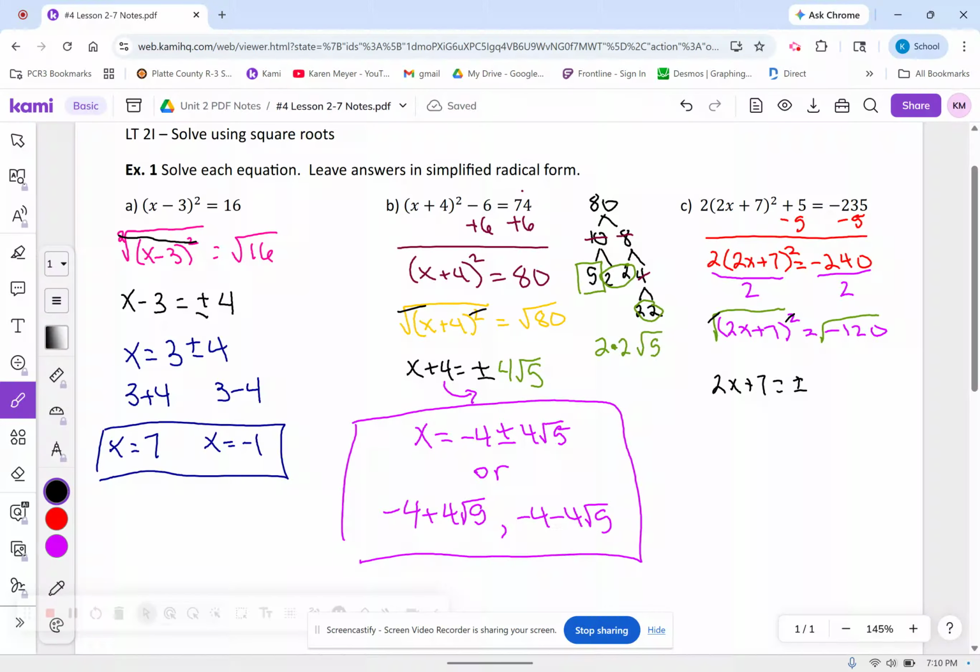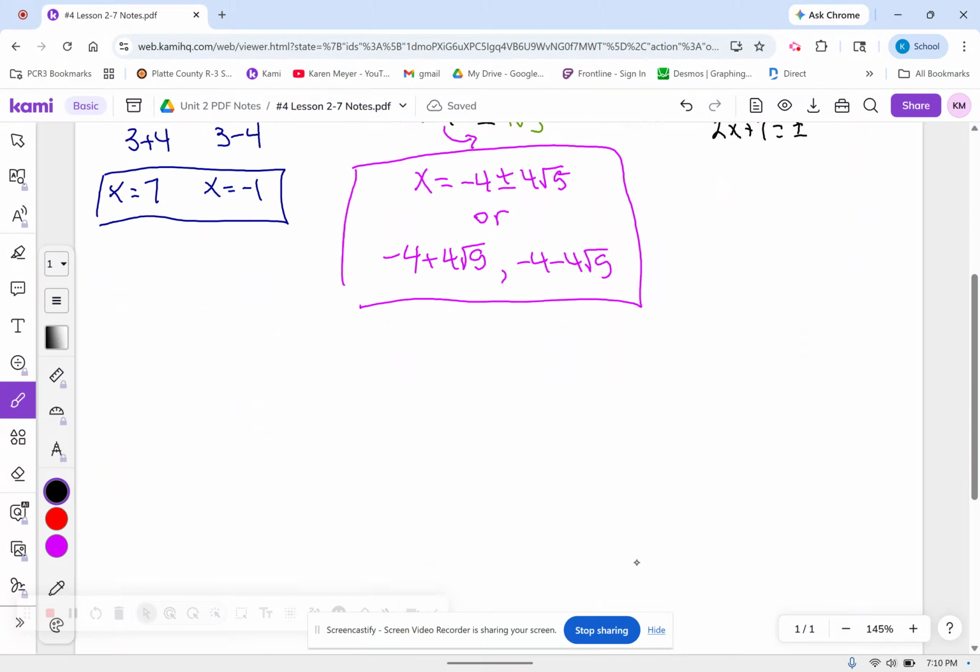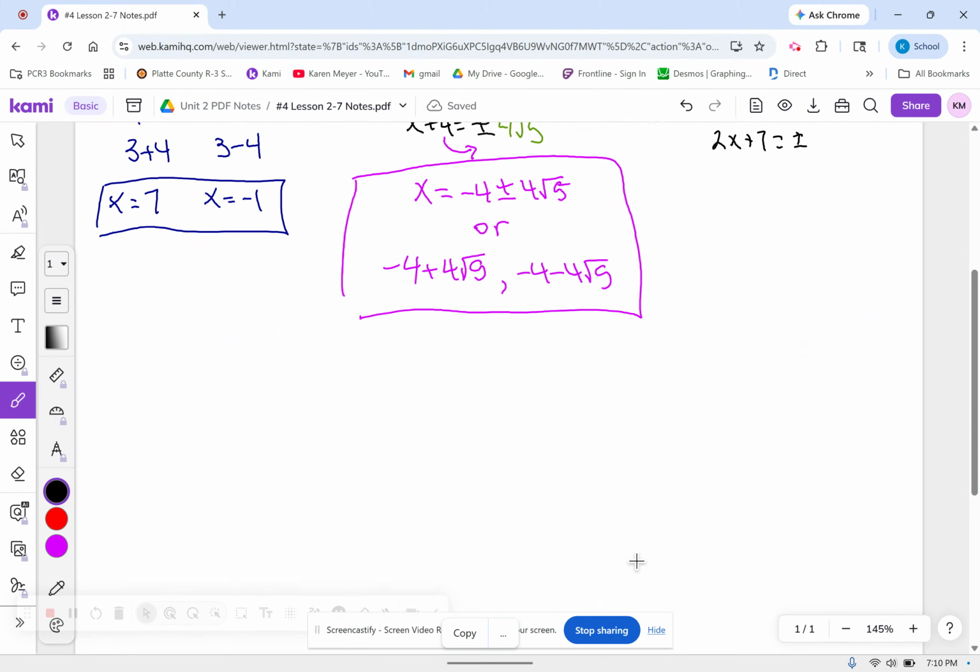So I'm going to have to do the factor tree. So I'm just going to scroll down here and squeeze it in over here on this side. So 120. Once again, I'm going to do 10 and 12. I'm going to do 5 and 2, 2 and 6, and 2 and 3.